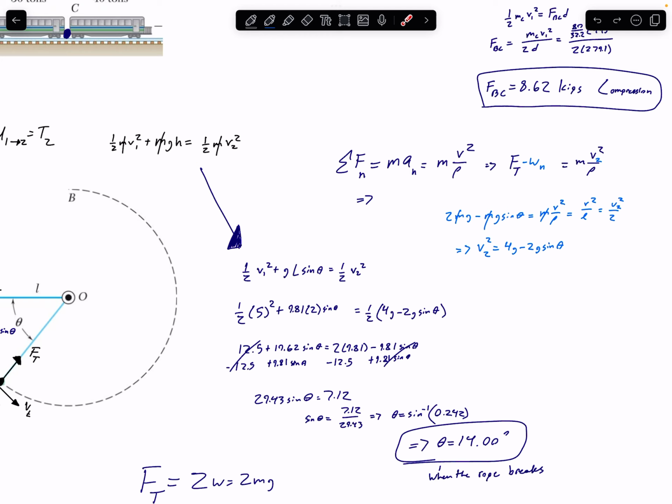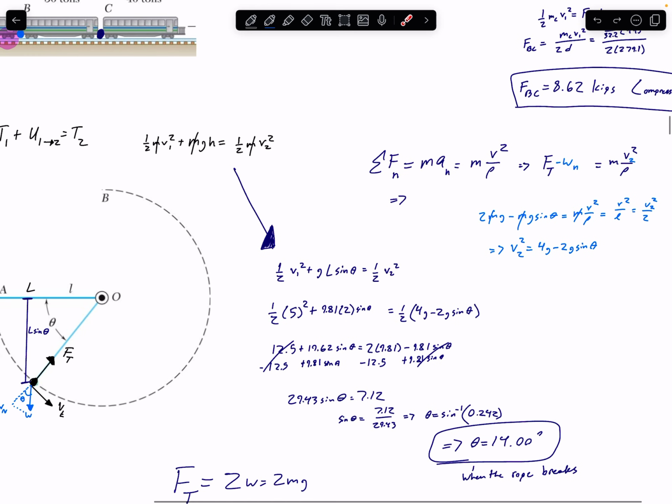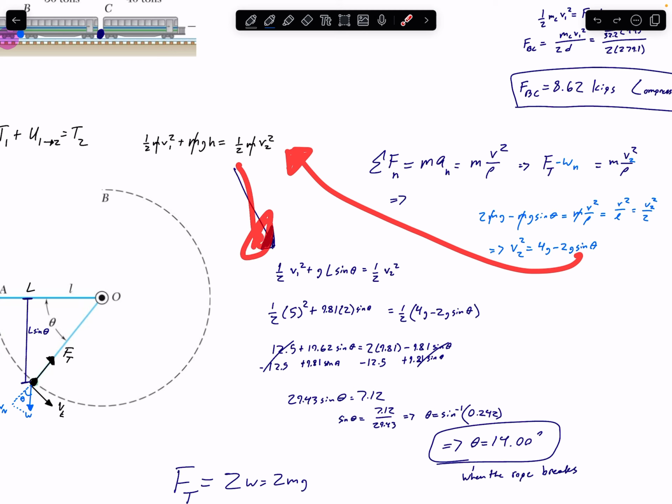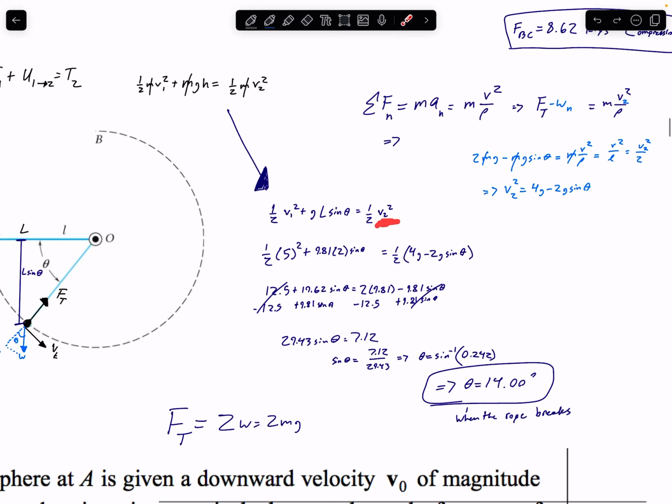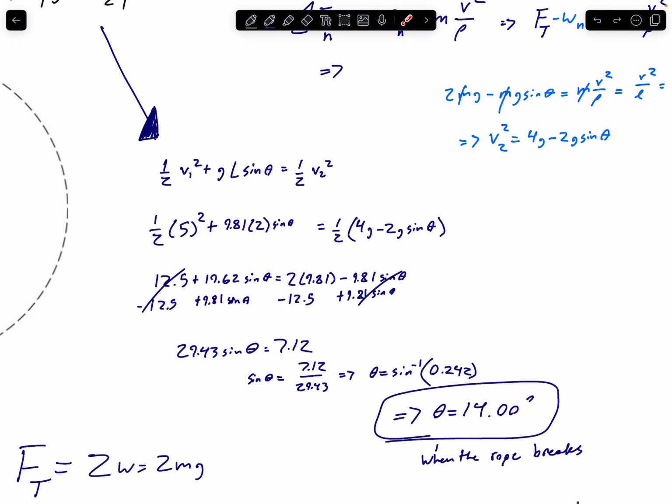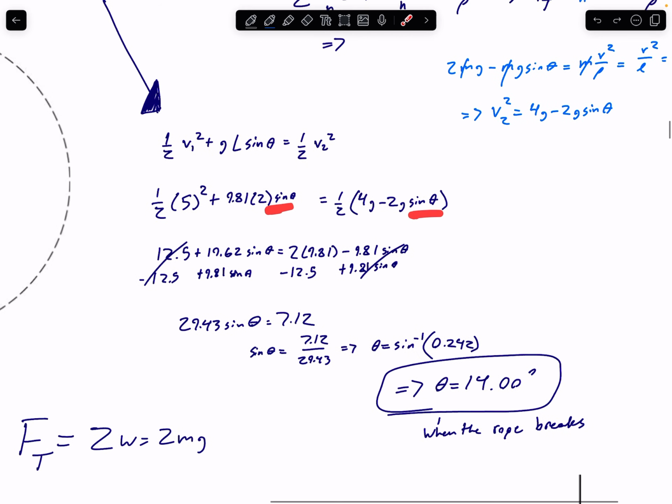And so we put all those on the left, and again do some algebra, sub in for what we do know, and we know that the final velocity squared is equal to 4g minus 2g sine theta. And so we were able to put that into there. Let me bring it down there, put stuff in, so we can sub it in there. And then, again, we're looking for sine theta here, so we need to get those two terms together.